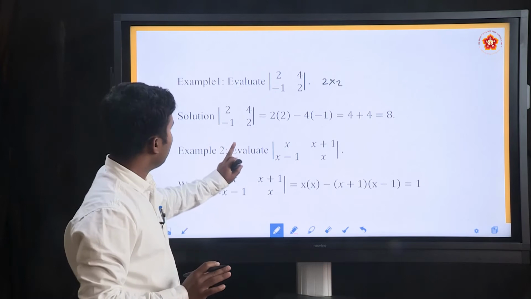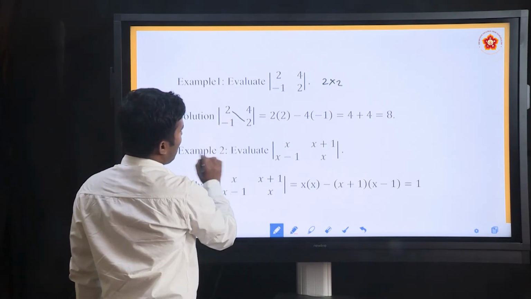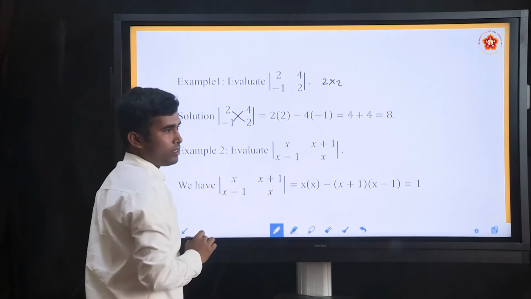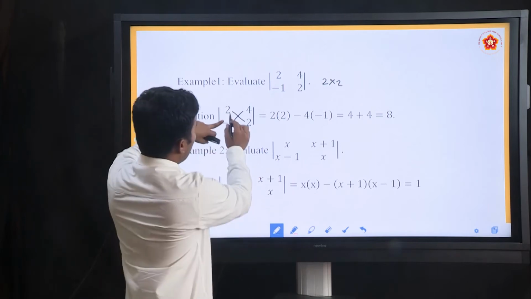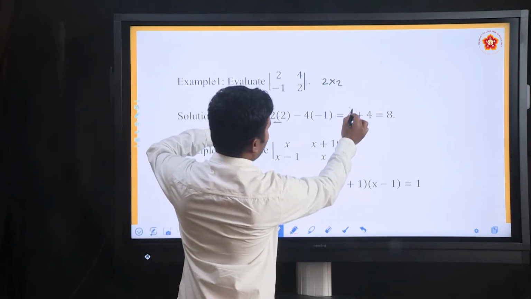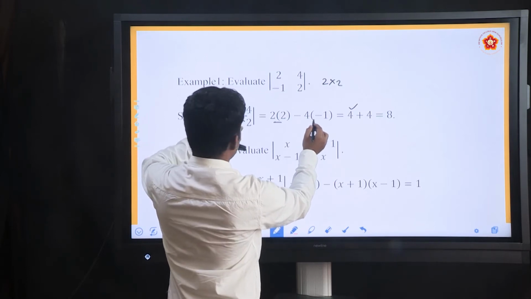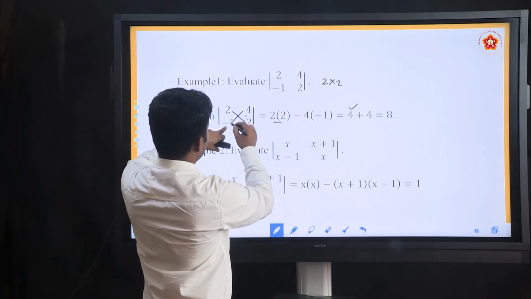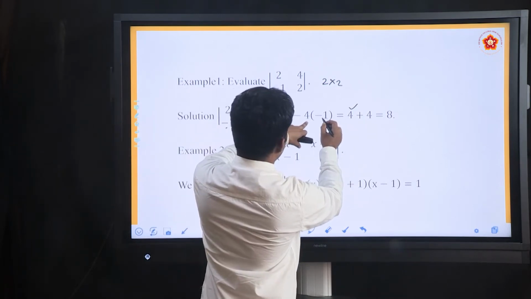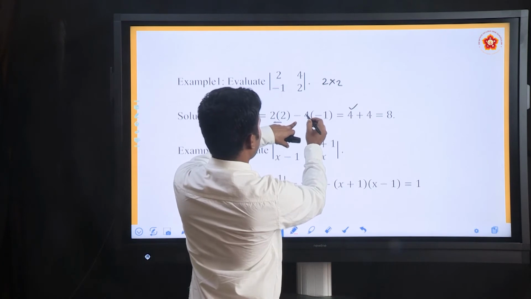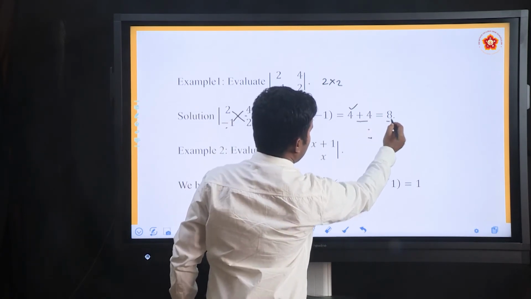You just multiply the diagonal elements minus the non-diagonal elements, and that gives the value of the determinant. Here 2 into 2 is 4, minus 4 into minus 1. Minus 1 into 4 is minus 4, and minus 4 with the minus sign becomes plus. So what is the answer? 4 plus 4 is 8.